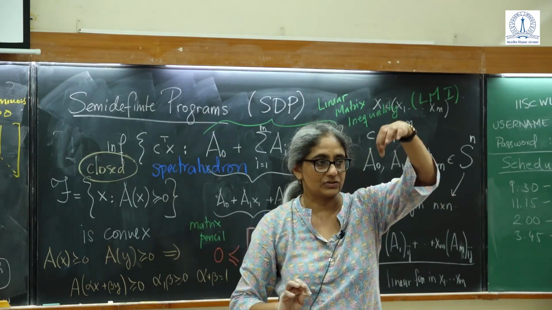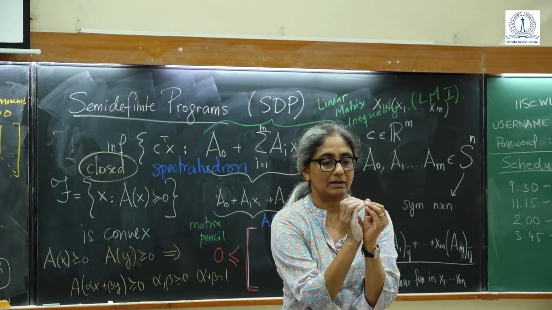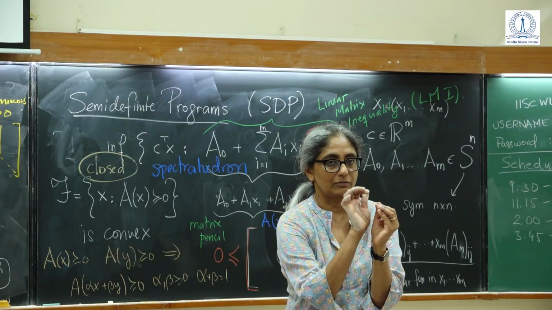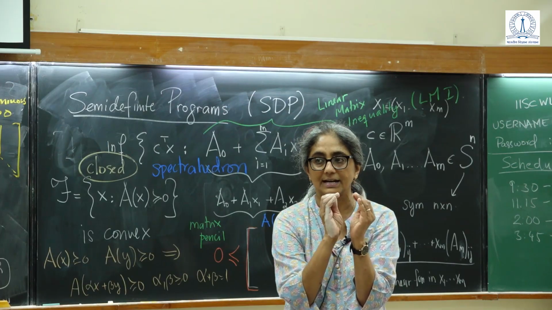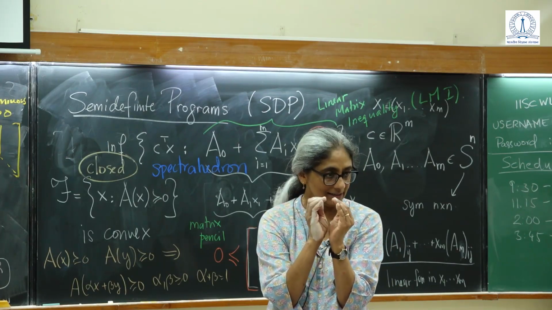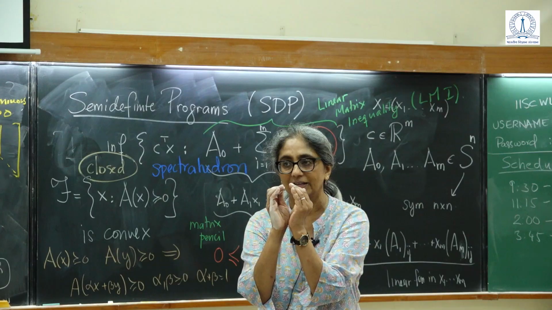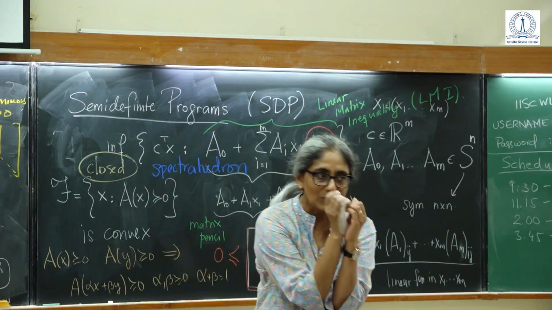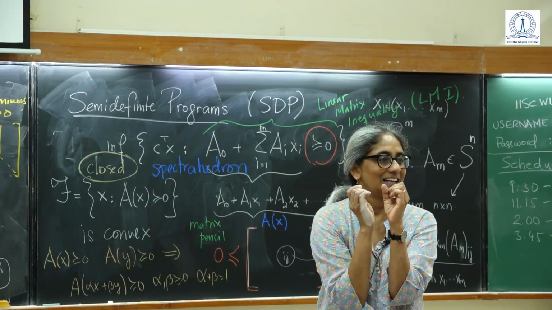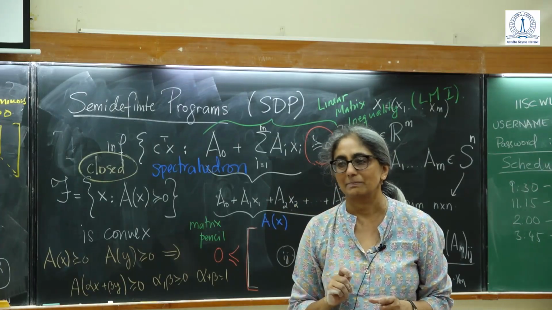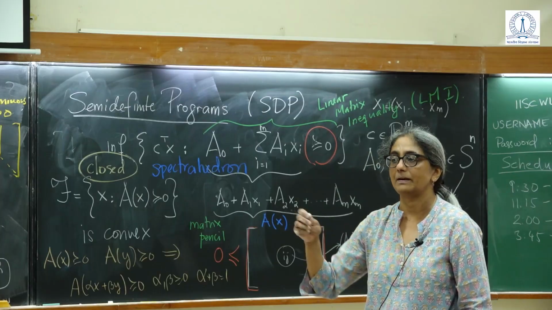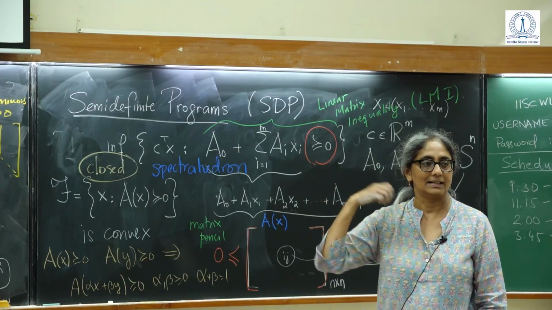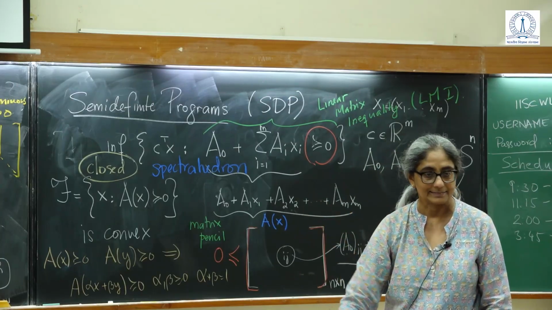If you make slight perturbations, the eigenvalues will perturb slightly. But because they're all positive, there will always be a small ball where the eigenvalues stay positive. That's the reason. So the interior consists of positive definite matrices. The boundary consists of everything else.